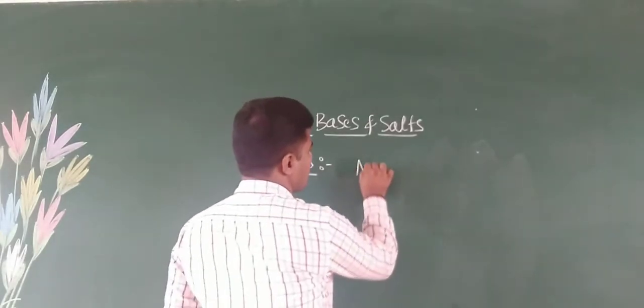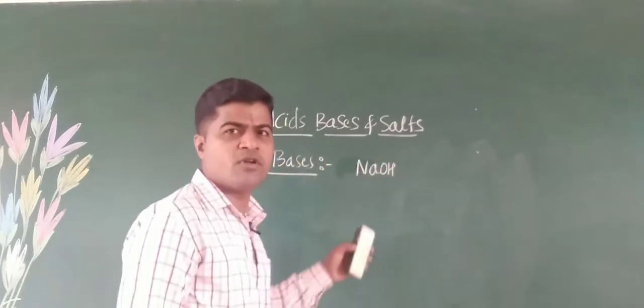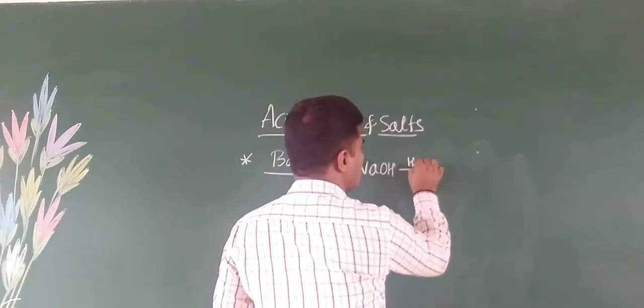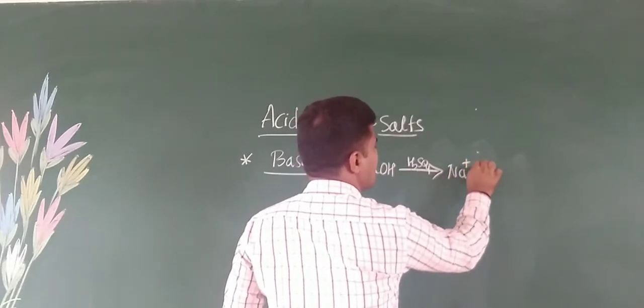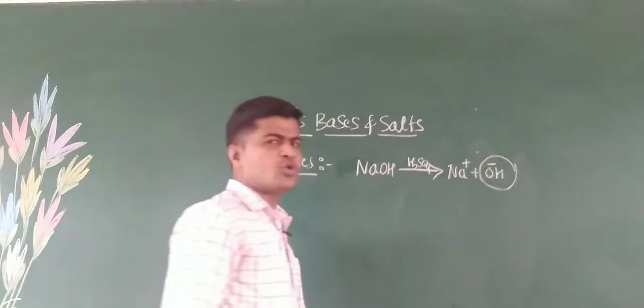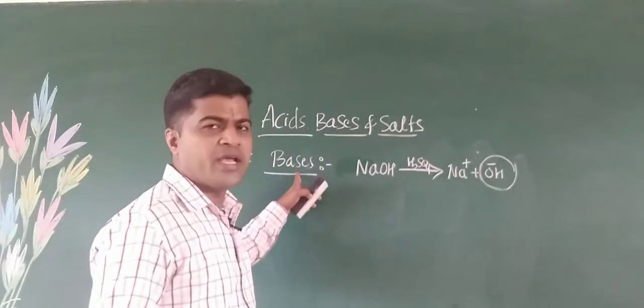For example, the familiar one NaOH, that is sodium hydroxide. Everybody knows about this. When sodium hydroxide is dissolved in water, what happens? It gives Na plus and OH minus ion. So the one which gives OH minus ion when dissolved in water is called a base.